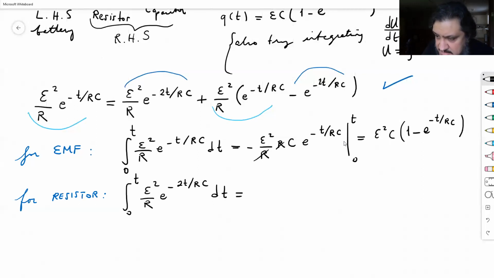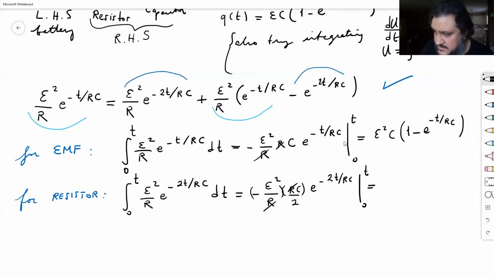So again, this is negative E squared over R times RC, and then e to the negative 2t over RC. Now don't forget a 2 here, so RC over 2. All right, if you plug in the limits, here's what you get.